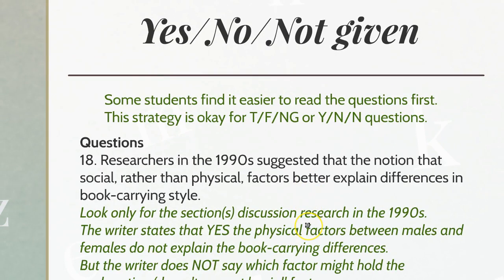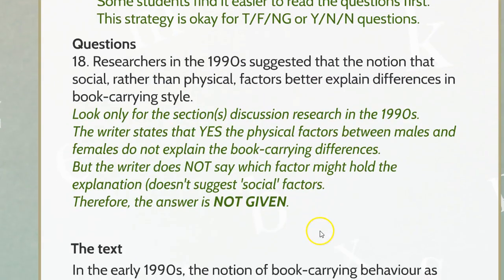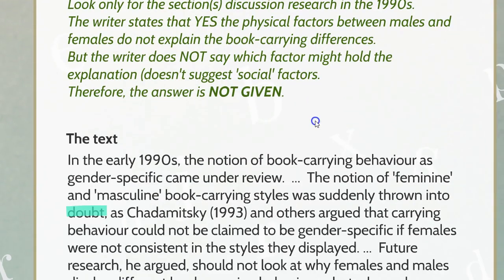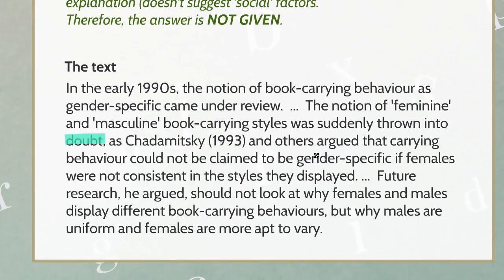So you only look for the section or sections discussing research in the 1990s. Let's have a look at the text. Think about physical or social differences explaining why people carry books differently.